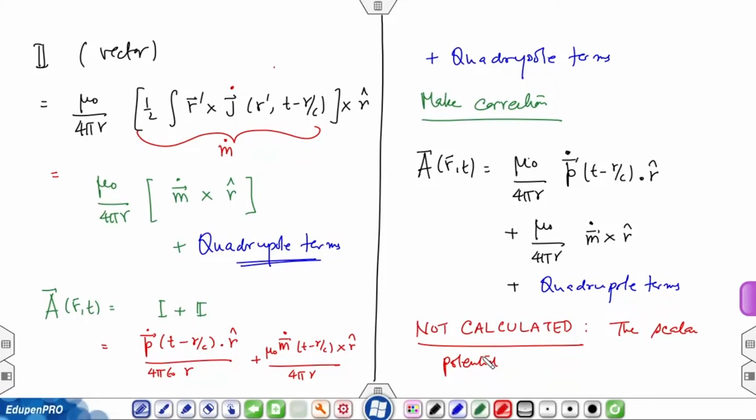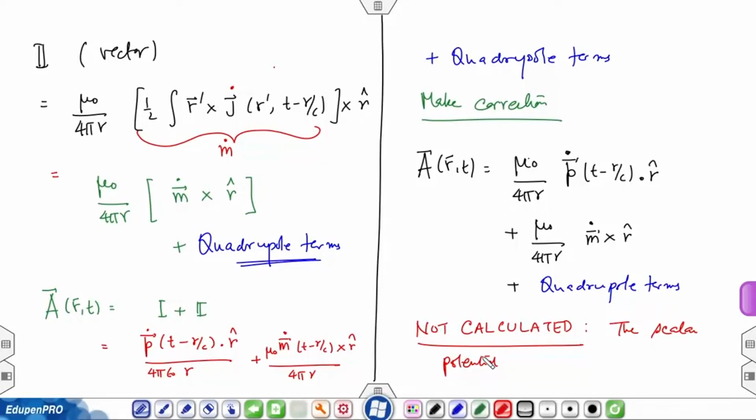potentials for point dipole, point magnetic dipole and the antenna, that what we need to do is expand the retarded time in terms of the distance from the origin to the point where we are observing the radiation, and the extra term that comes from r dot r prime.